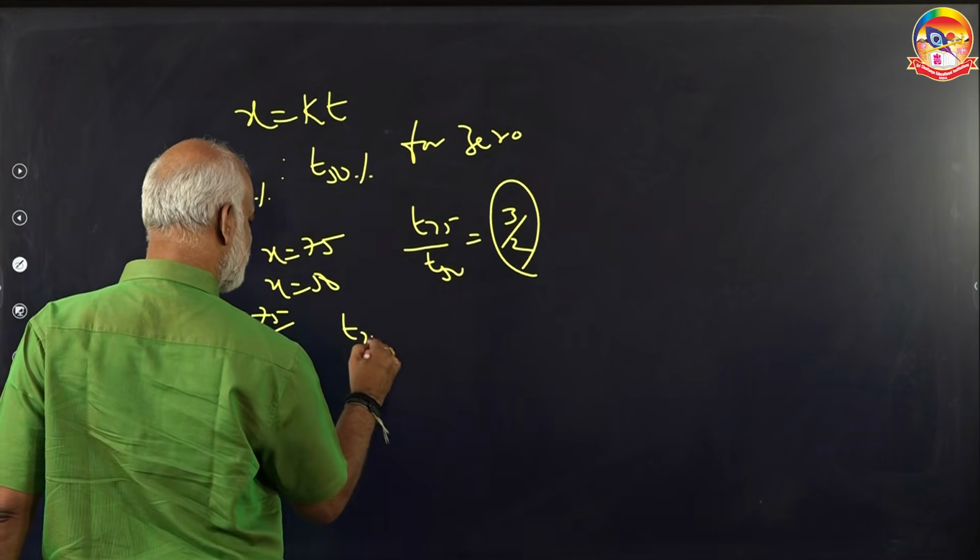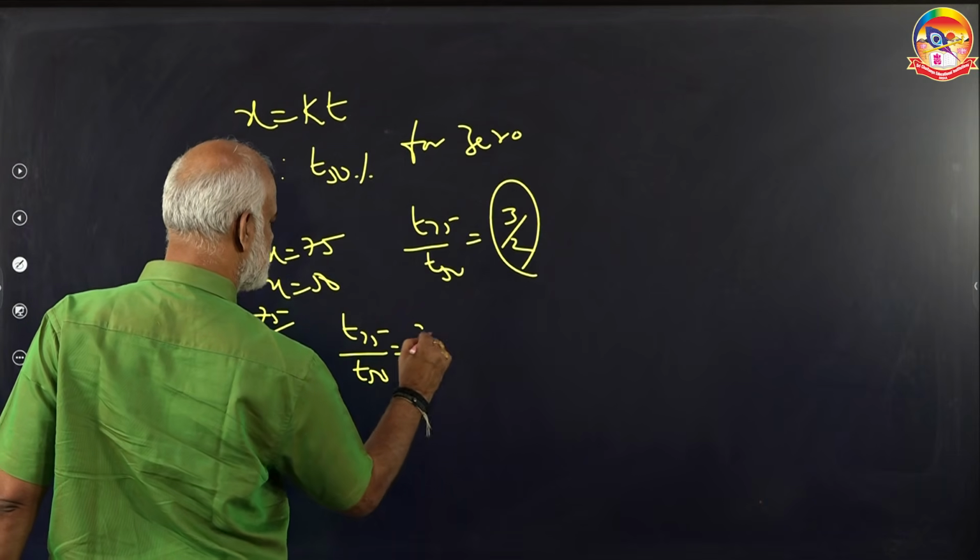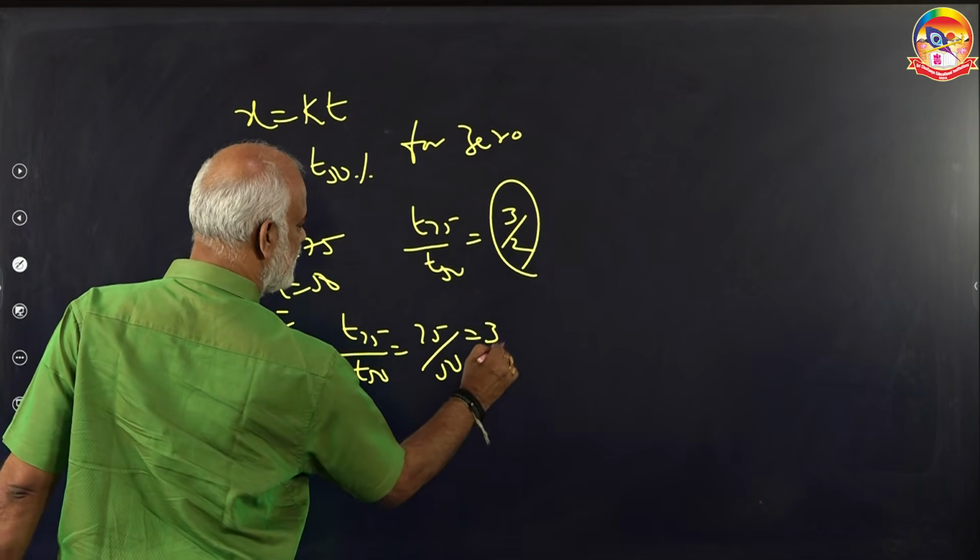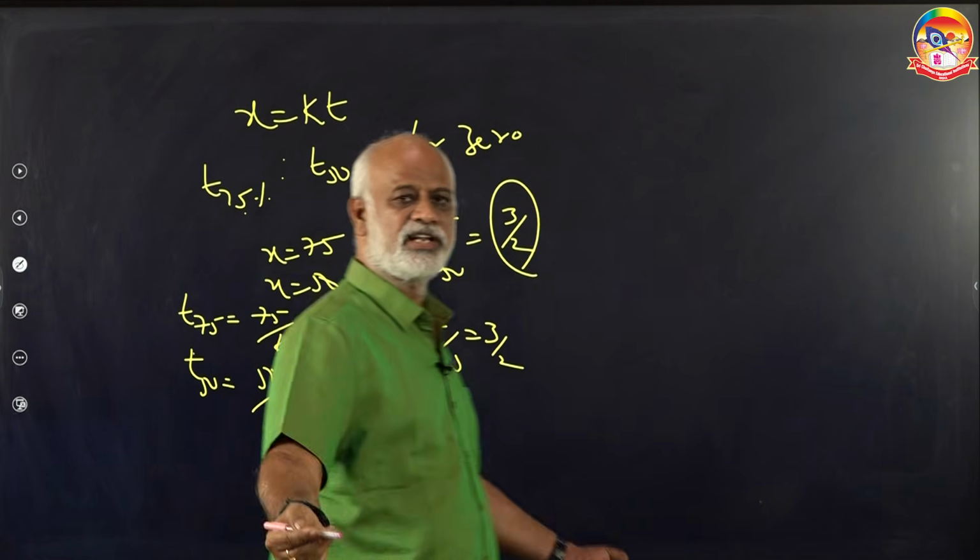So, T 75 by T 50 is equal to 75 by 50, which is 3 by 2, which is not an issue at all.